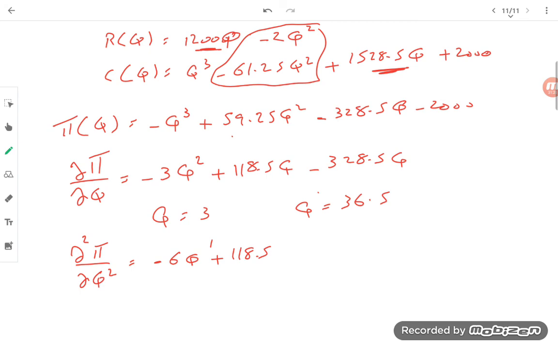After substitution, we can find that when q equals 36.5, this is the maximum point, as the value is going to be negative in this case.